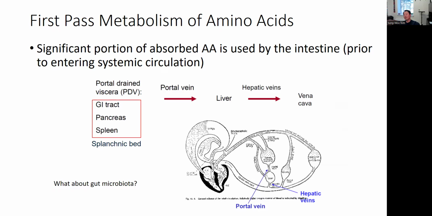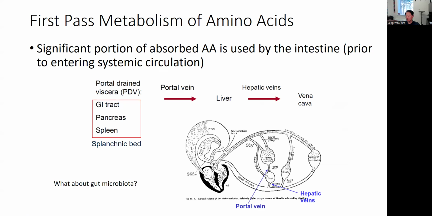This could include not just the intestine, but the stomach, pancreas or spleen. Those tissues, right before the amino acids reach the liver, could use some of the amino acids. We collectively call that first pass metabolism of nutrients.